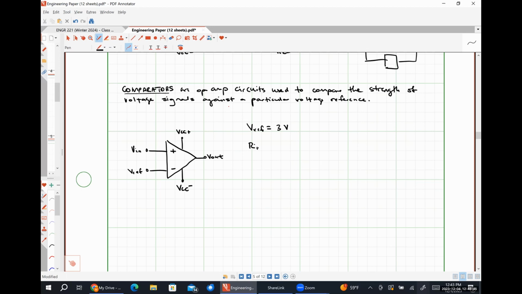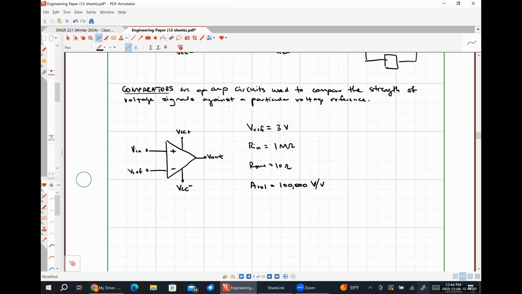The input resistance of our op amp is 1 mega ohm. The output resistance is 10 ohms. And the open loop voltage gain is 100,000 volts per volt.